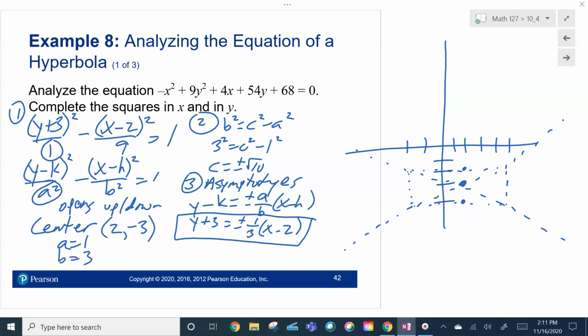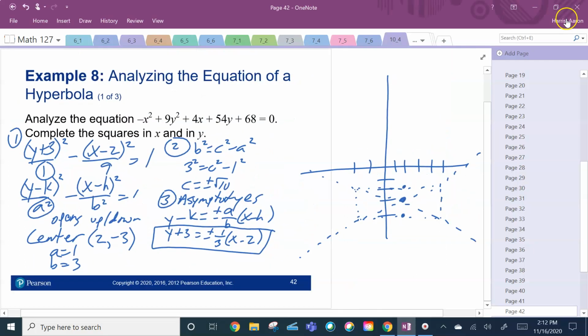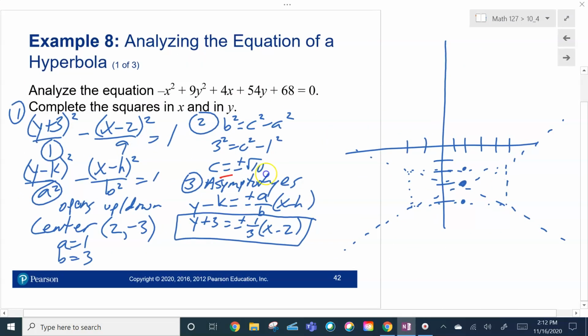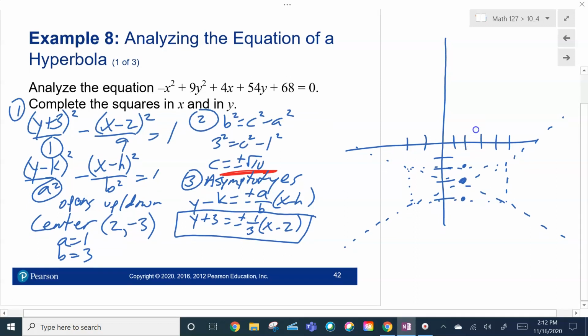Okay. Now the only other thing we didn't put on here is our foci. So the c is root 10 away, right? So that's like 3 point something. So 1, 2, 3 point something. There's one of our foci. It's like right here. So it's at an x value of 2, but then the focus is at negative 3 plus root 10.